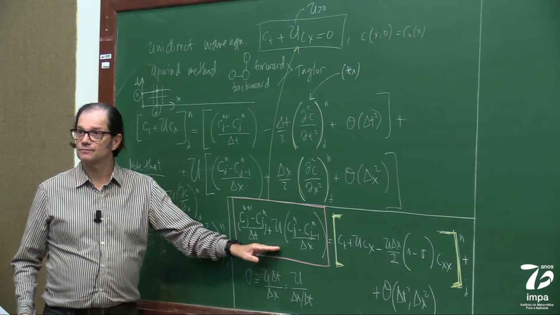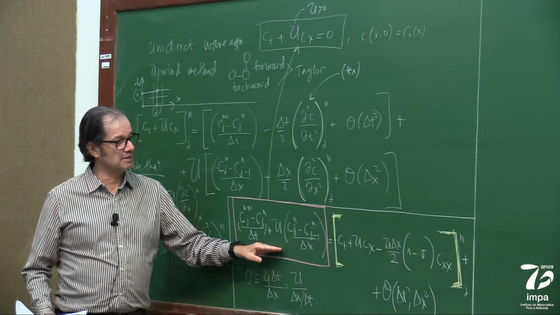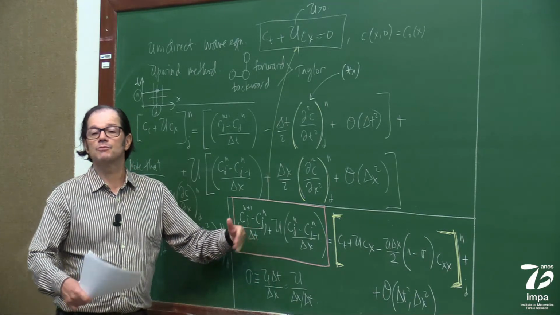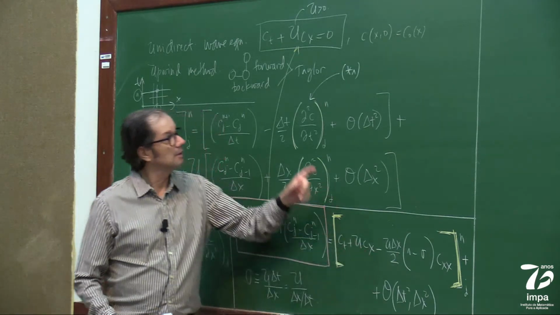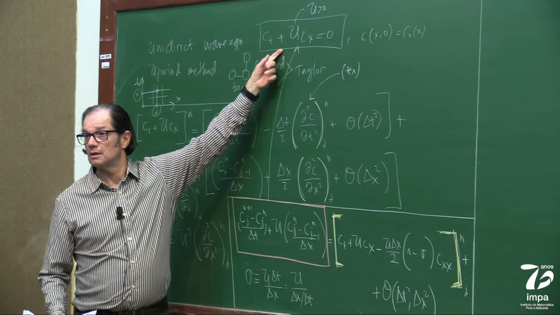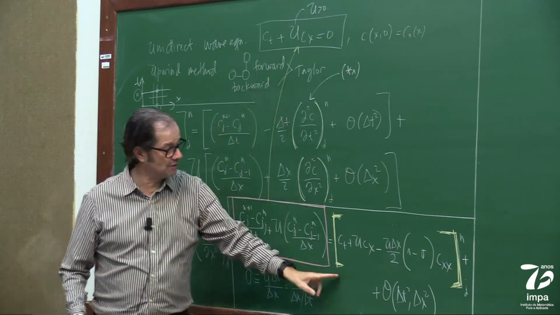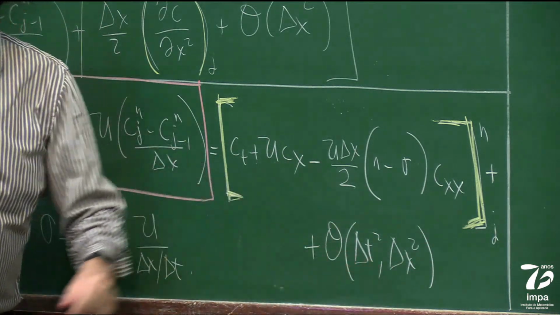This method is performing actually better for this PDE than for this PDE. Can you see why? Because if I think that I'm solving this PDE, the one inside the yellow, it's higher order.